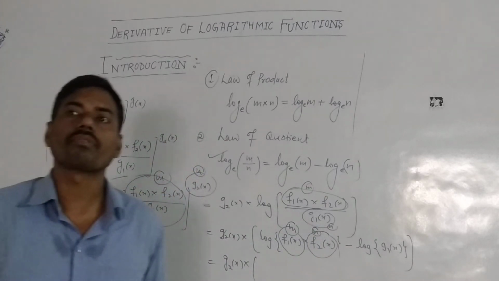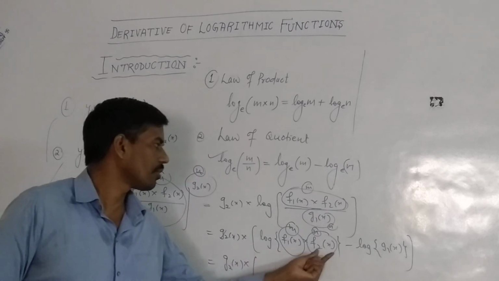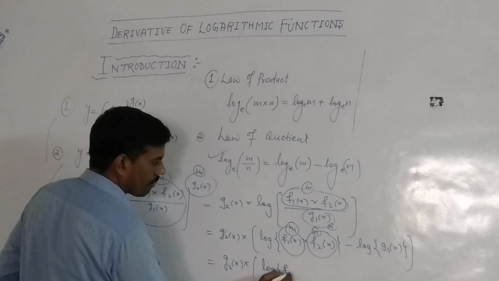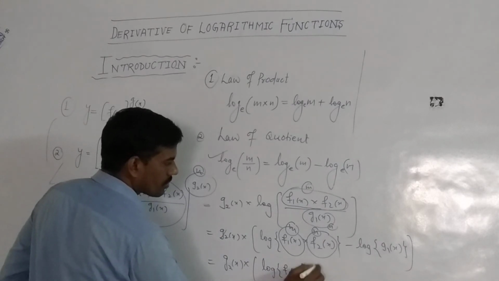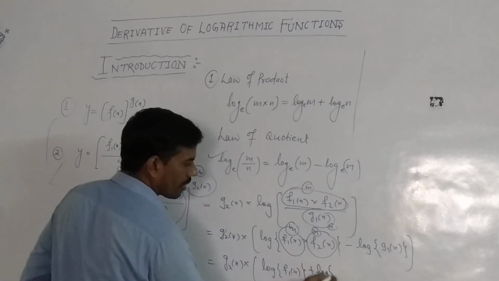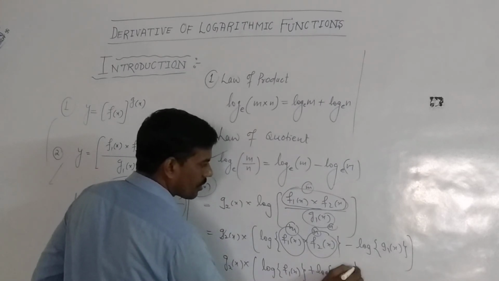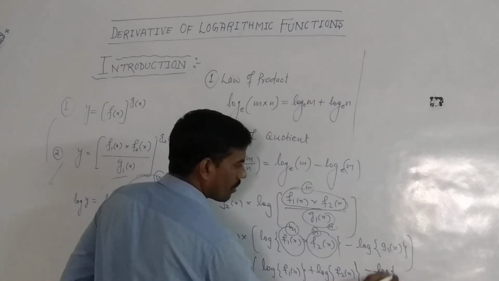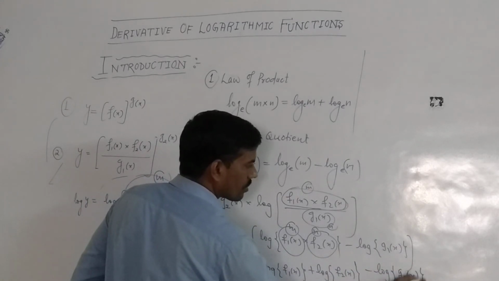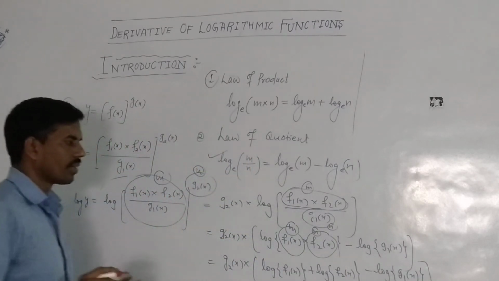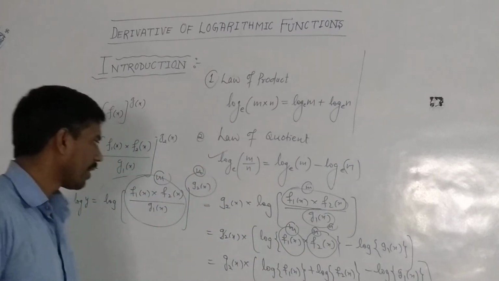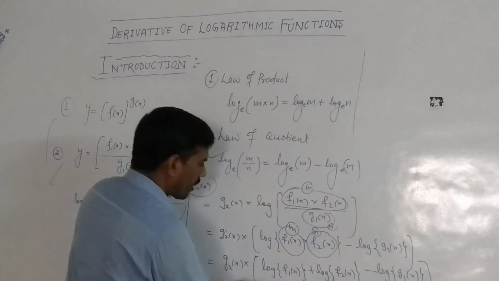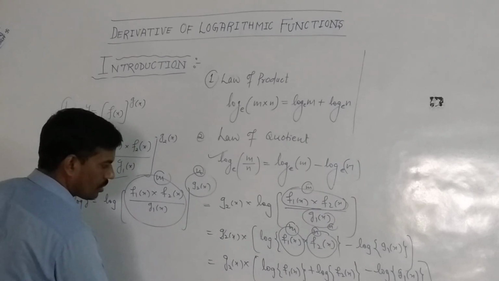So we have the law of product, log of m into n, and we can write it as log of f1x plus log of f2x, minus log of g1x. Okay, clear?